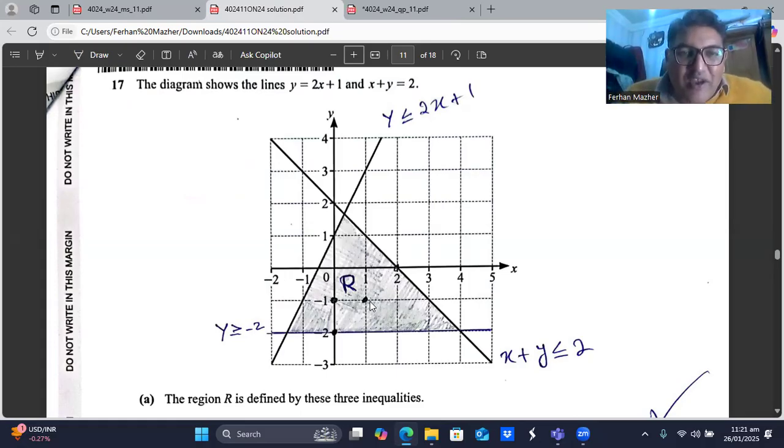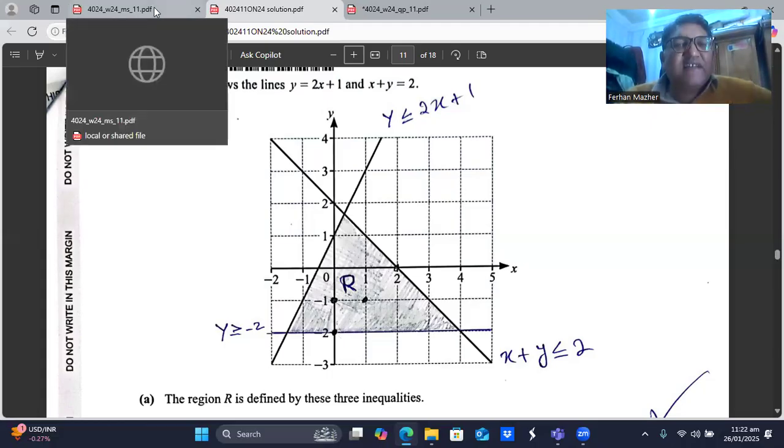I will take this point, (1, -1); the x is 1 and the y is 2 less. And I will take this point in that region, (0, -2). The value of the x is 0, but the value of the y is -2.